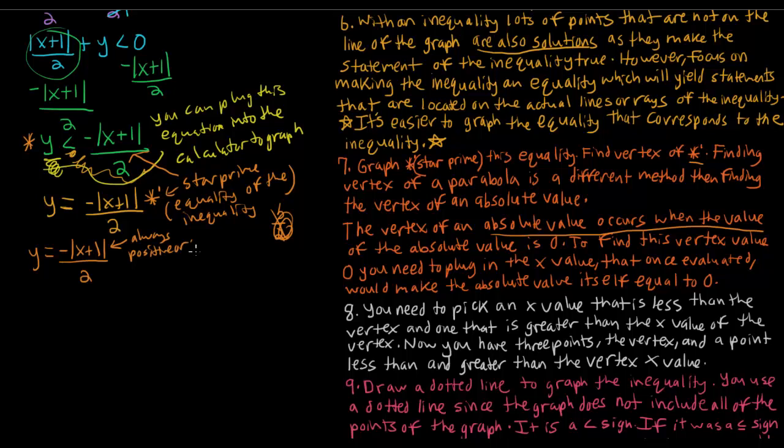So we need to find a value that will make this absolute value equal to 0. And specifically, we need to find the x value. So we can make a little chart again. You got your x, you got your y.